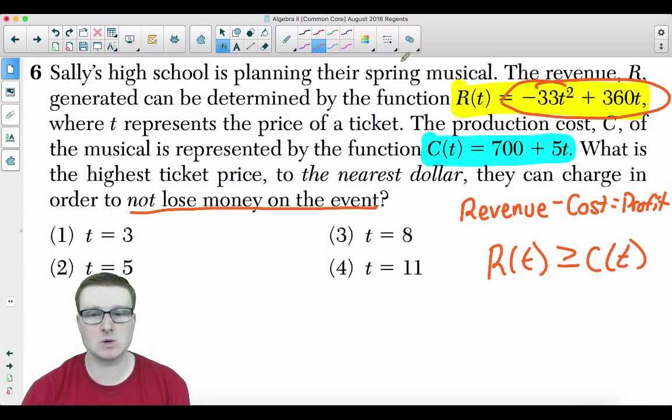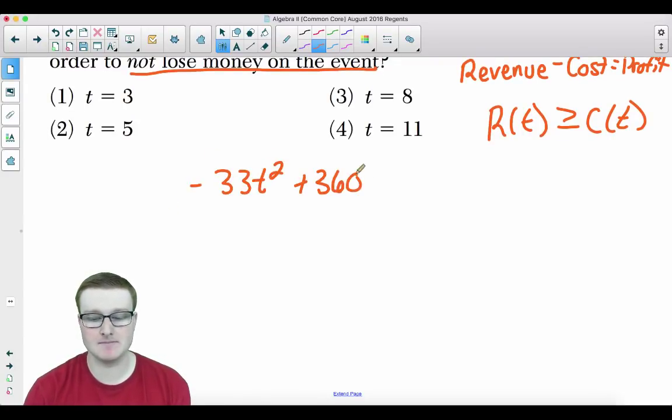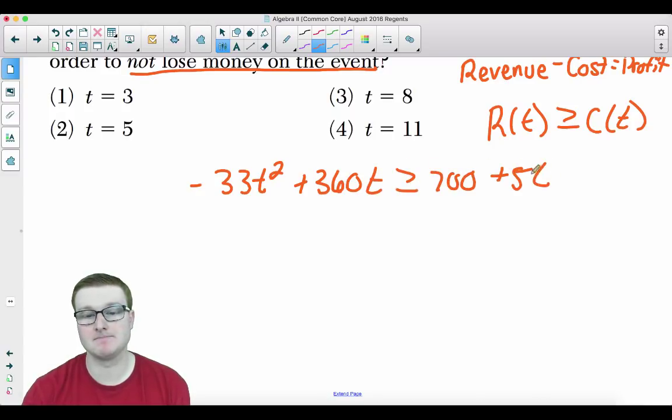So what we're going to do is substitute this for R of t and this for C of t, and we're going to solve it. Let's do it. So we get negative 33t squared plus 360t is greater than or equal to 700 plus 5t. Okay? Let's go ahead and solve for t.